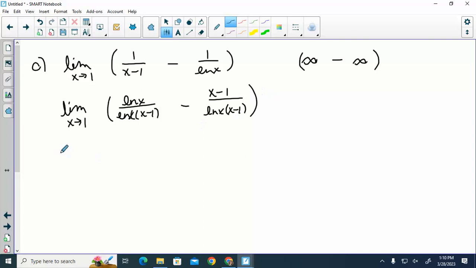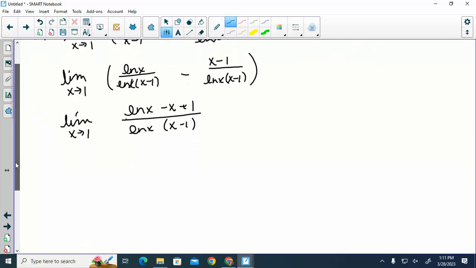Okay, I put these together. We get the natural log of x minus x plus 1 over the natural log of x times x minus 1.